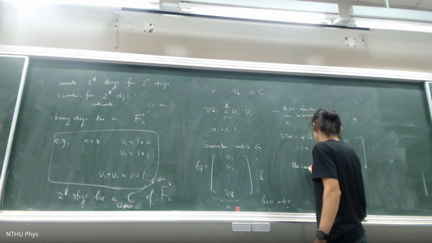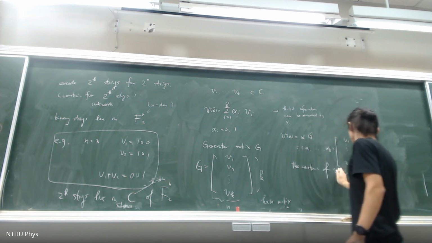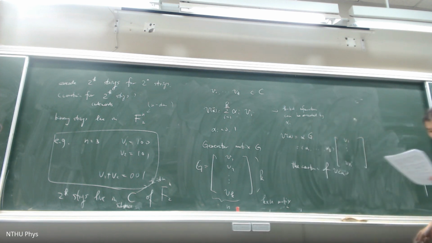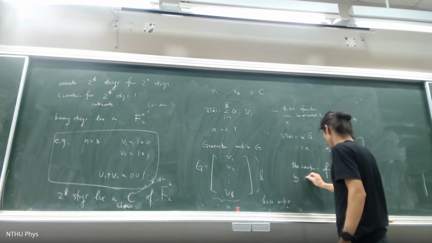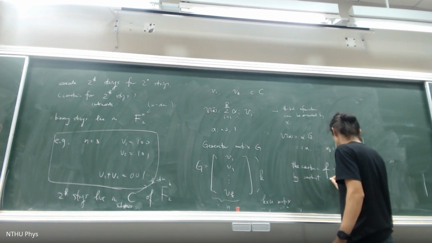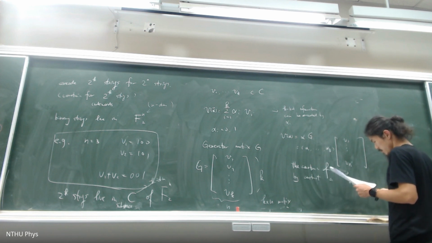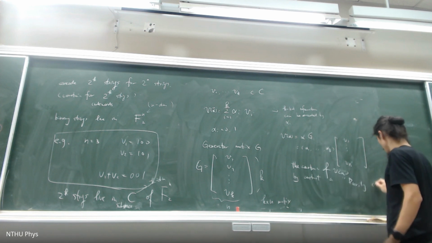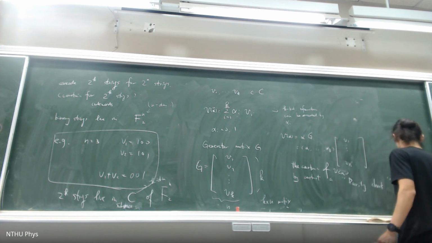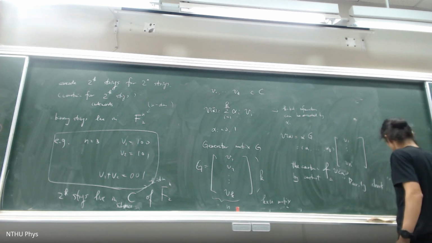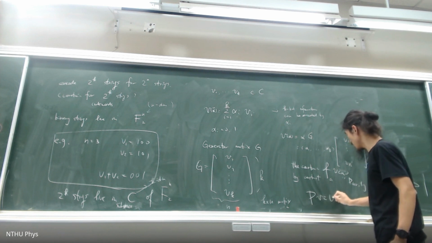Okay. So I want to have a constraint on this V, on V alpha, by constructing a parity check matrix. I want the P times V to be equal to 0.